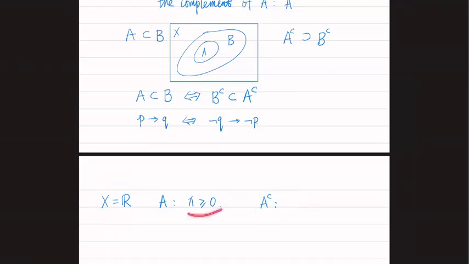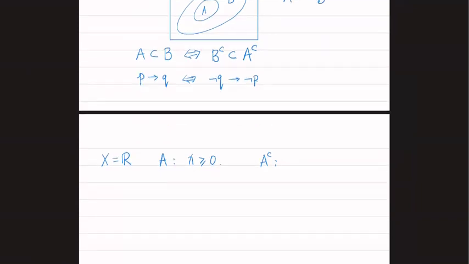I'm not really sure. So let's draw a graph here. The real line, all real numbers. So our set A will be all of this. So what's the complement, Amy? Like the other side. Yes.